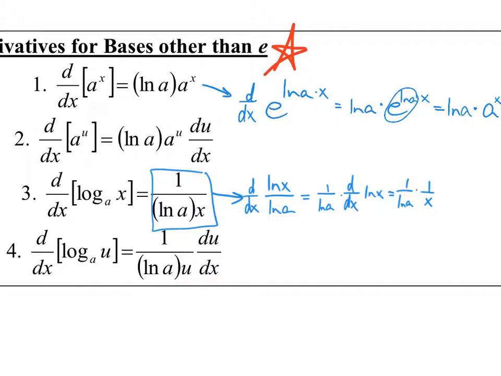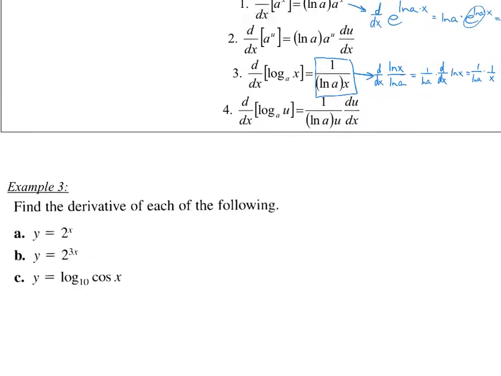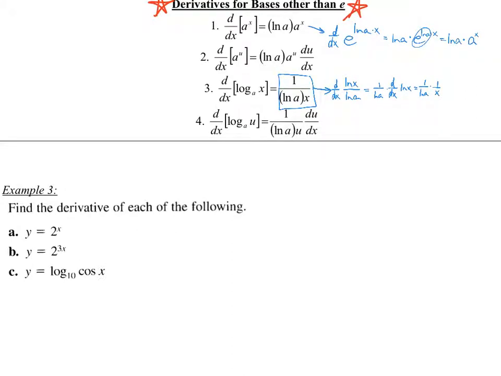Okay? So those are our basic derivative rules, and of course the u's just throw in a chain rule. It's the same rule, just times the derivative of u. Okay? So, looking down here, if I have y equals 2 to the x, if I want dy dx, or y prime, looking up at our property, we have ln of a, so a is 2, so it's going to be ln of 2 times a to the x, so times 2 to the x.